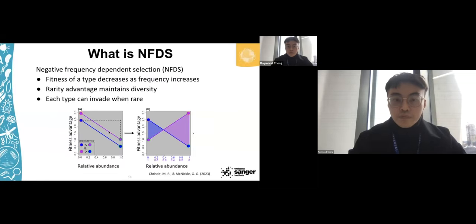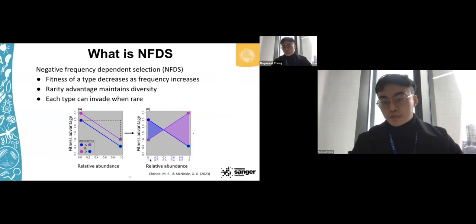You can also flip the purple type horizontally. So here for the purple type, the x-axis still shows the relative abundance, but the leftmost is the highest frequency, and toward the right-hand side the frequency decreases.